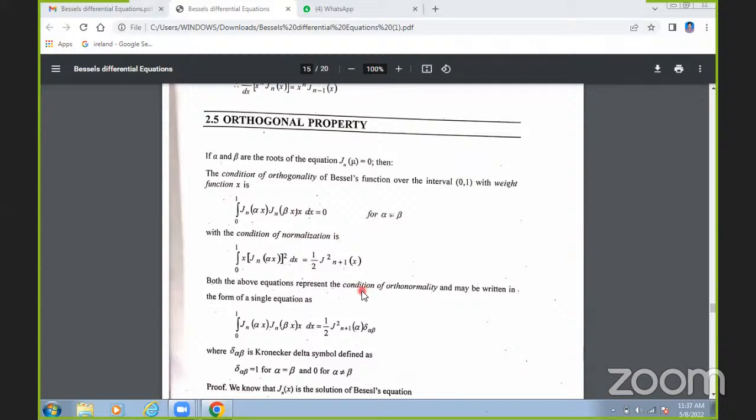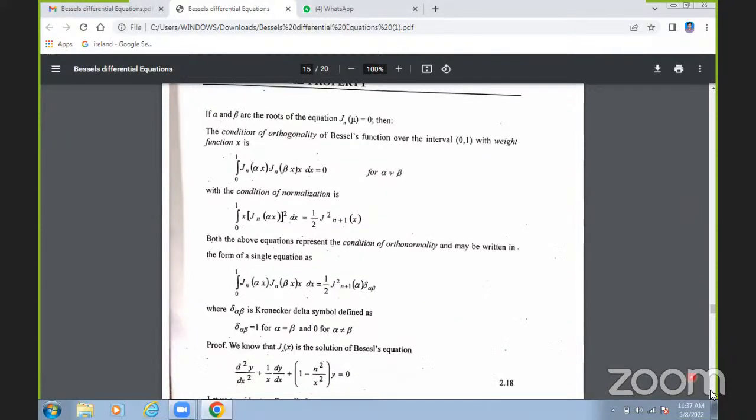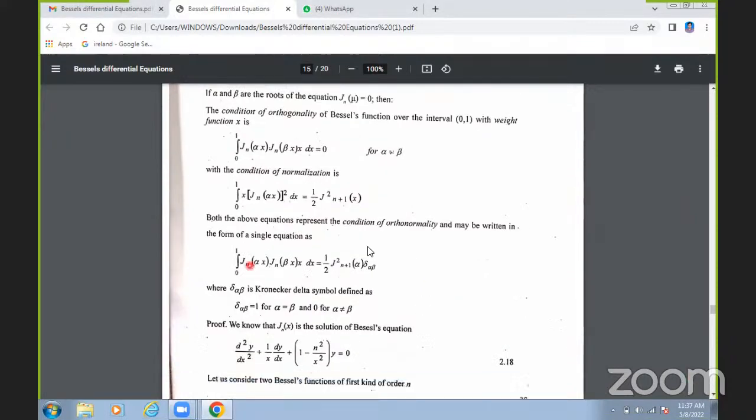Both these equations represent the condition of orthogonality, and that can be written in this form as a single equation.